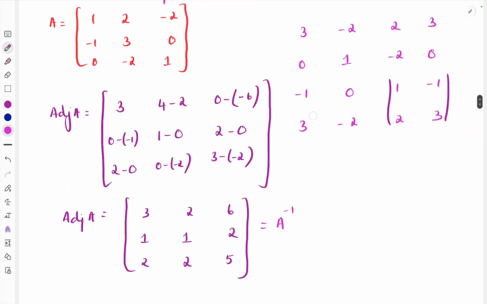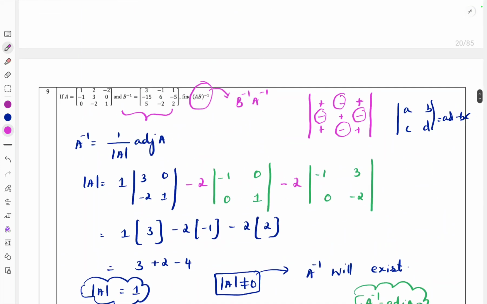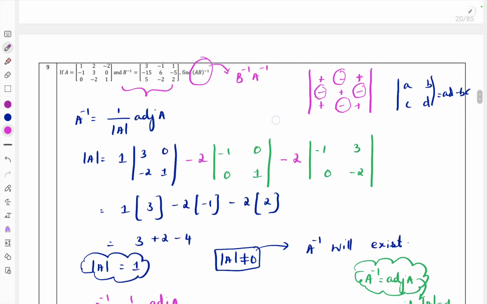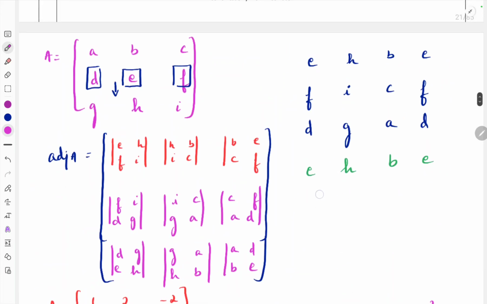So now what we have to do here is we have to find AB the whole inverse. So we know the property AB the whole inverse is B inverse into A inverse. So B inverse into A inverse we have to find. So first I will take B inverse from the question.